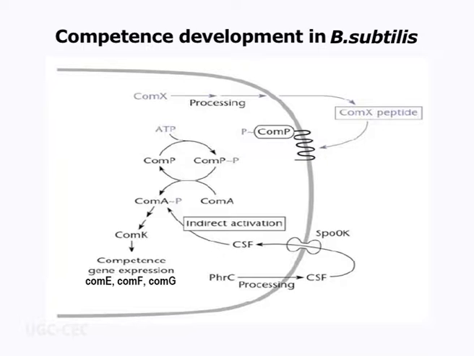COM-K is an important transcription factor which is responsible for switching on of COM-E, F and G genes, which are responsible for uptake of the DNA, as we have just seen previously in this lecture.